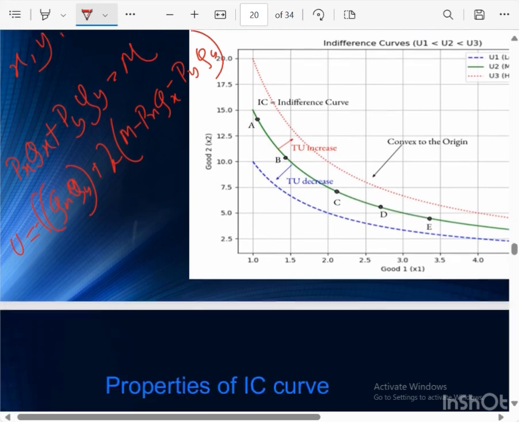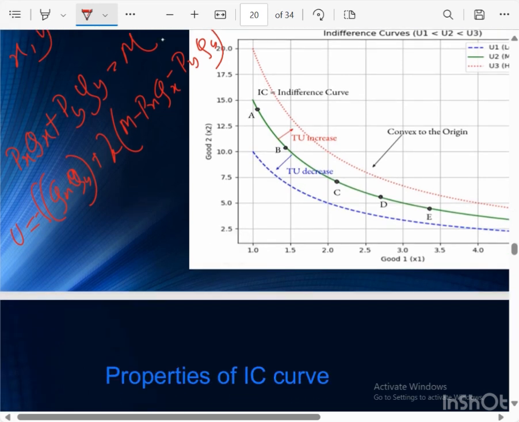Taking the first order derivative, we get del U by del Qx equal to lambda Px and del U by del Qy equal to lambda Py.